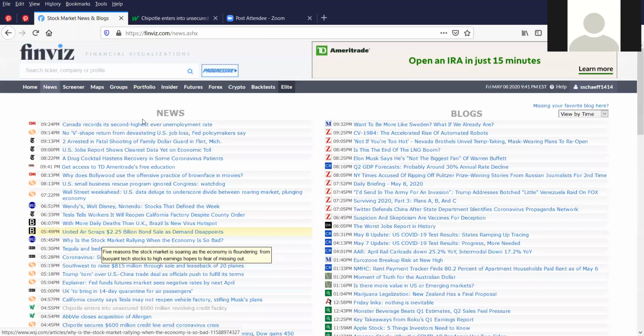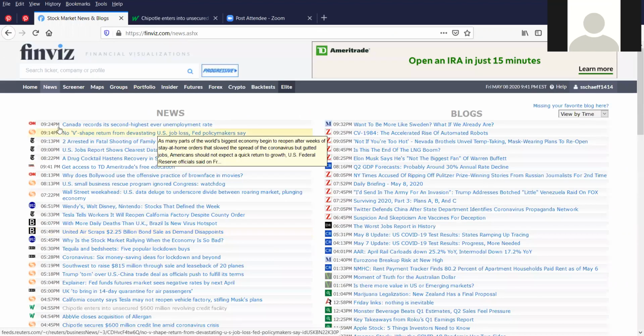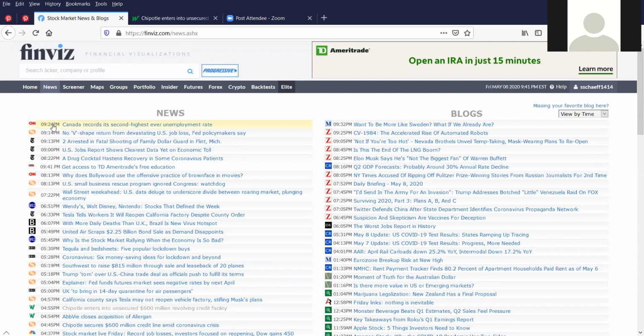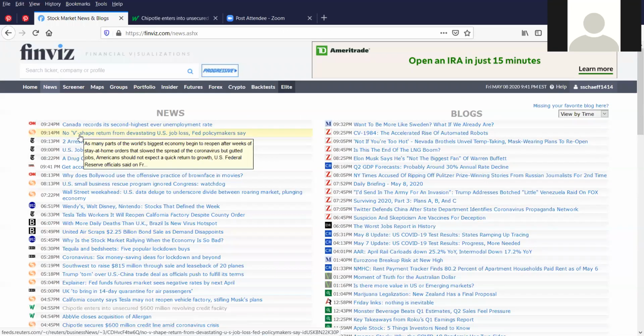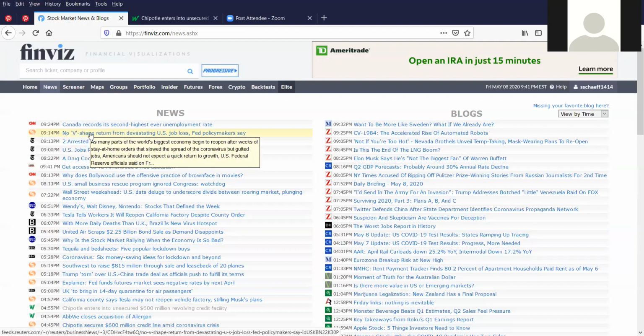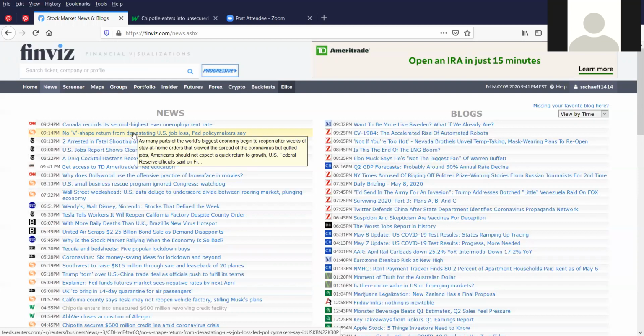But if you click on any of these links, and they're time stamped, if you notice, the most recent one is 9/24. This second one, we're going to click on from, not sure, but it says no V-shaped return from devastating U.S. job loss, Fed policymakers say. This came from Reuters.